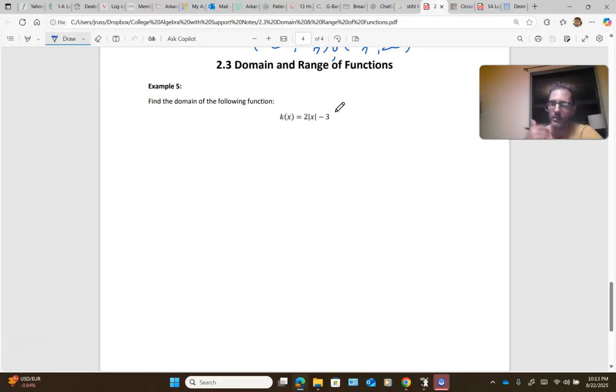So the domain for any absolute value functions that we see in this class will also be all real numbers. All values of x such that x is a real number.